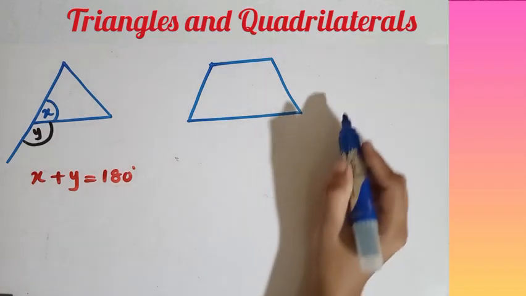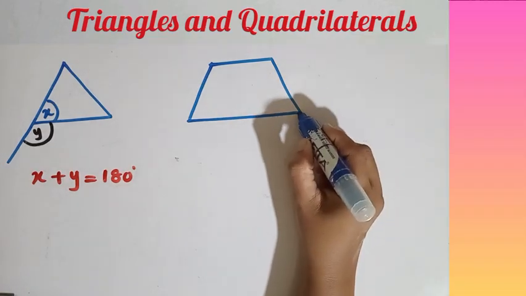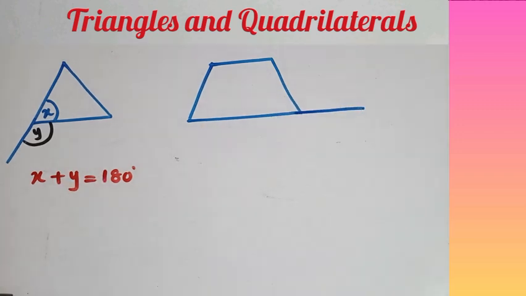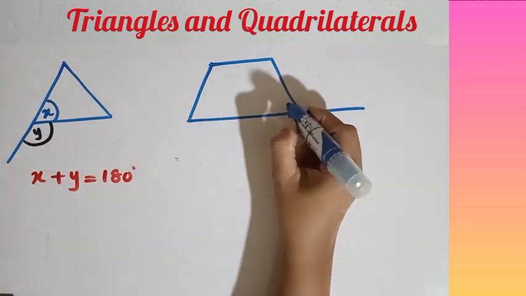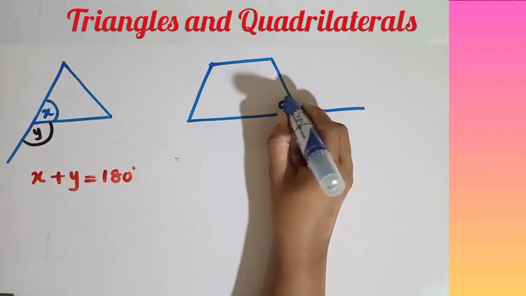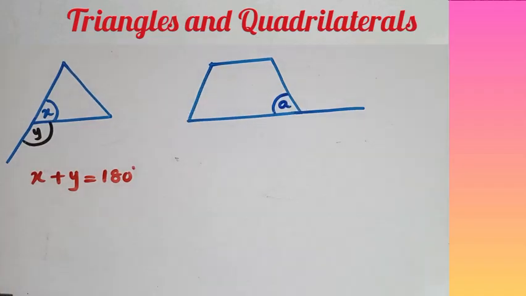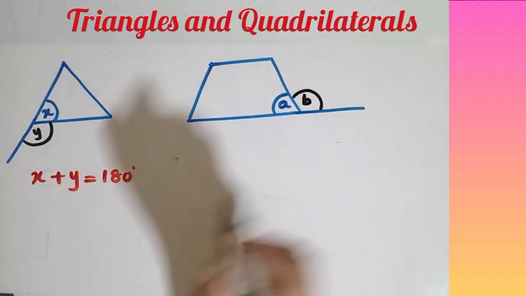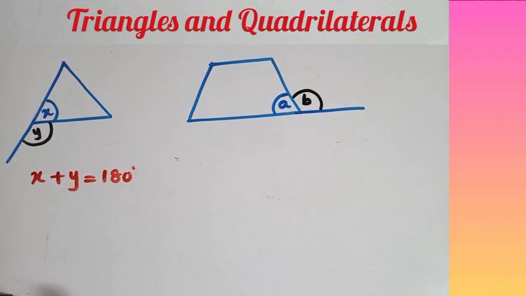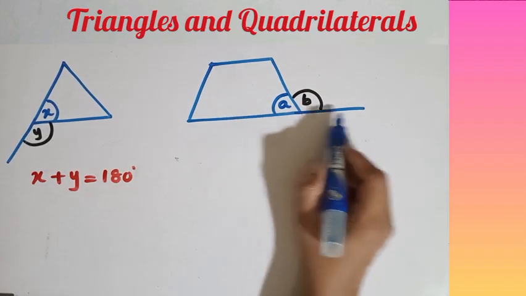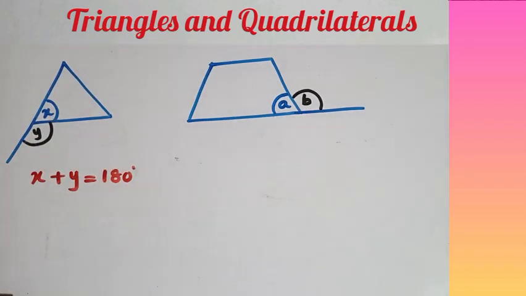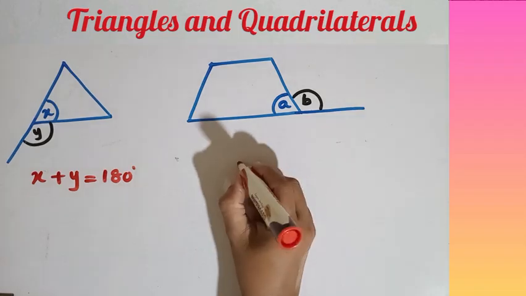Then here in the quadrilateral also I am producing a side, and I have obtained an exterior angle like this. I have named the interior angle as A and the exterior angle as B. So here also the sum is 180 degrees as they are located on a straight line.